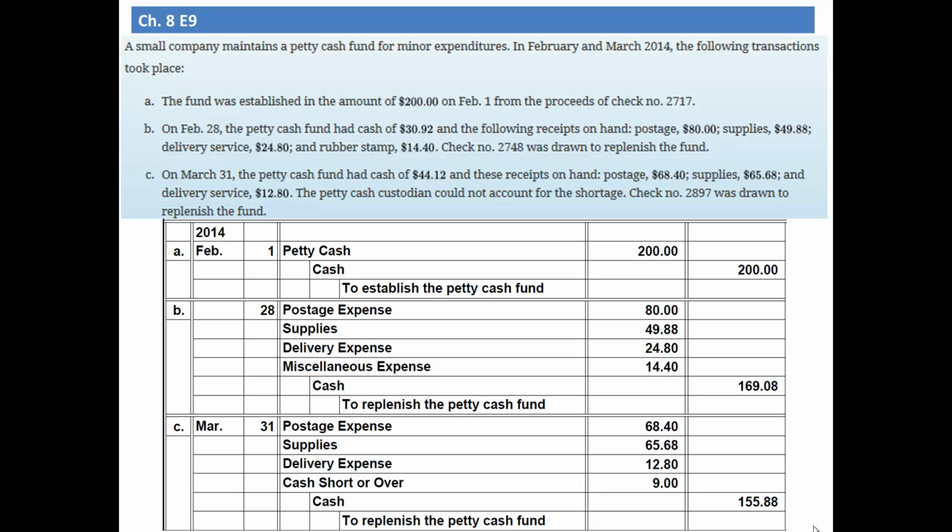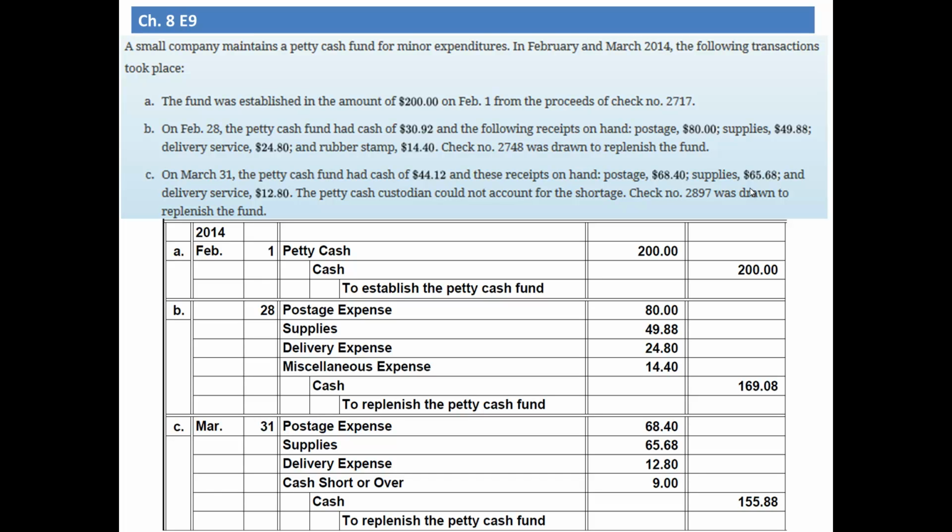But we only have receipts totaling for our postage, our supplies, and our delivery service. So if you add those up separately, $68.40 plus our $65.68 plus our $12.80, we only have receipts that total $146.88. So we're $9 short.